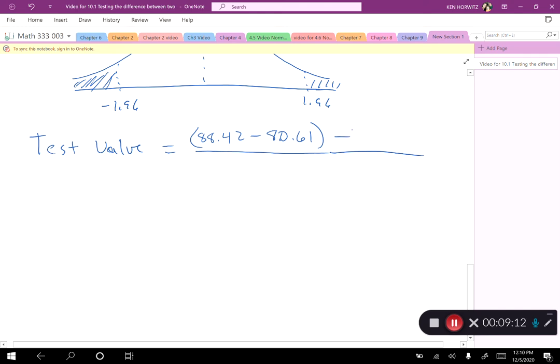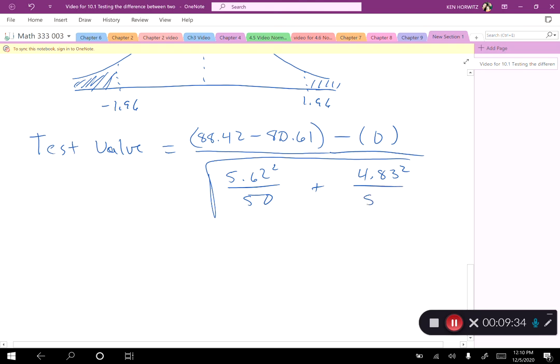And then my mu1 minus mu2: my null says that they're equal, so the difference between those is 0. And then I have 5.62 squared over 50 plus 4.83 squared over 50. So why don't you pause the video now and do the calculation and tell me what our test value is.